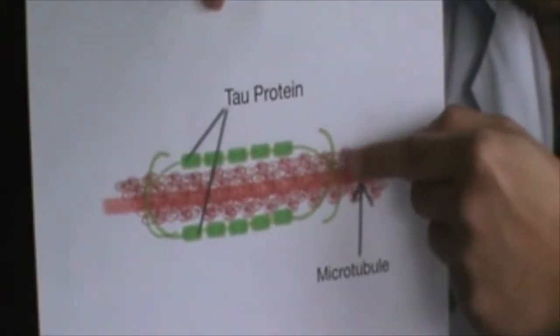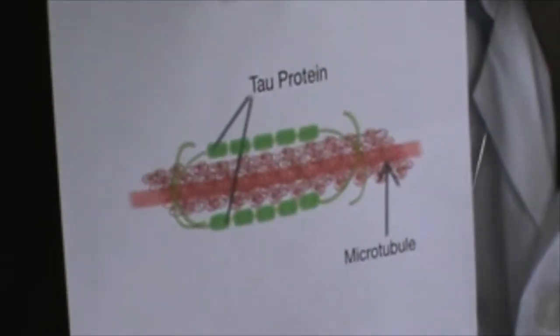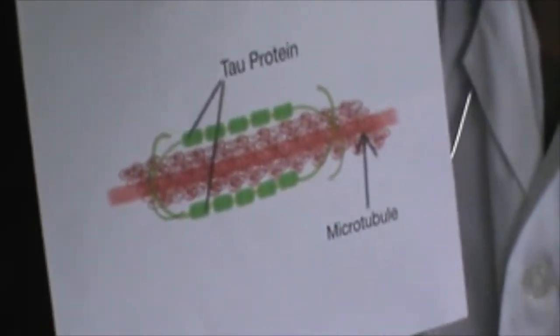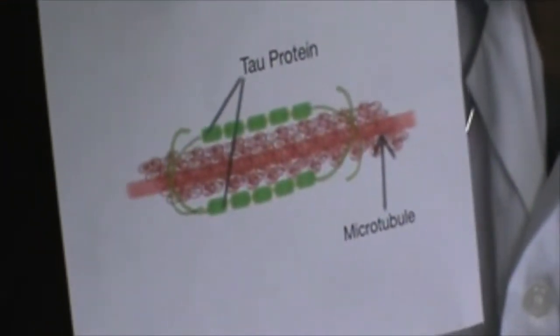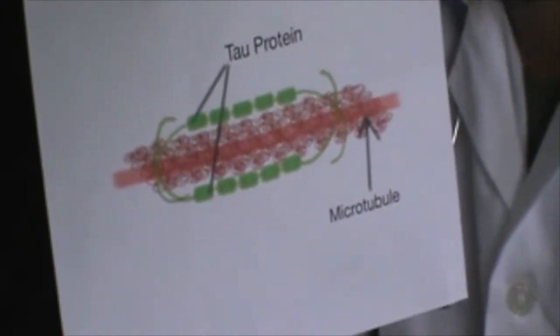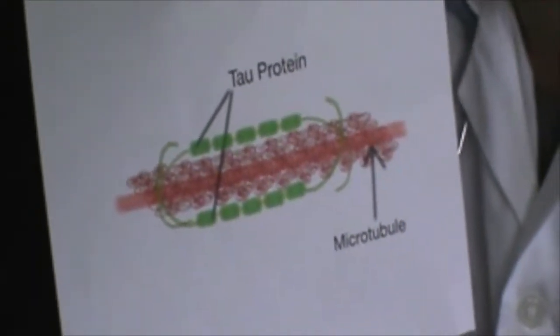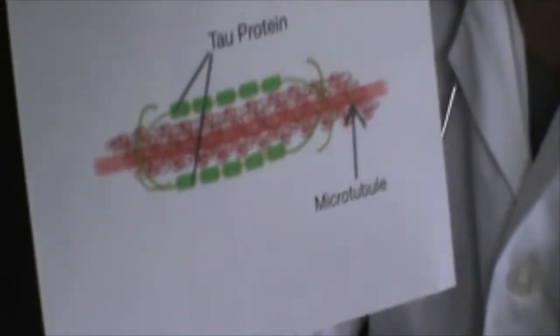Usually, tau proteins ensure that these tubes are straight to allow molecules to pass through freely. But in Alzheimer's disease, the protein collapses into twisted strands of tangles, which disintegrate the tubes and obstruct nutrients from reaching the nerve cell, leading to cell death.